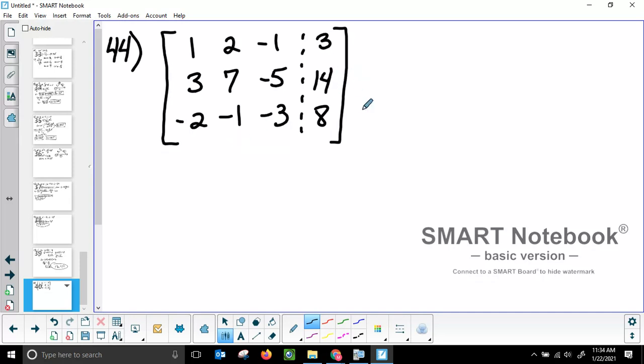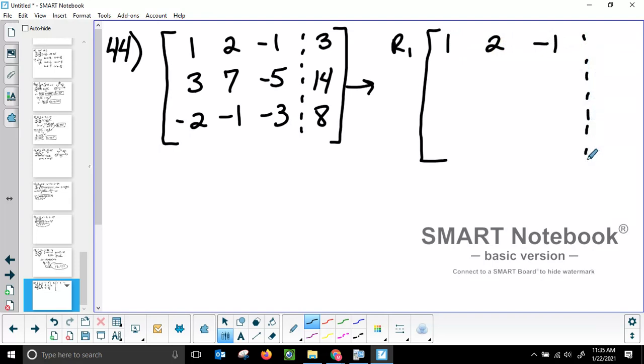Okay, so we're doing just Gaussian elimination here, so we want to get this in just regular row echelon form. Doesn't have to be reduced. So in order to do that, I want my first row here to start with a 1. It does. So I will just keep row 1 the same. And I want this to be a 0.